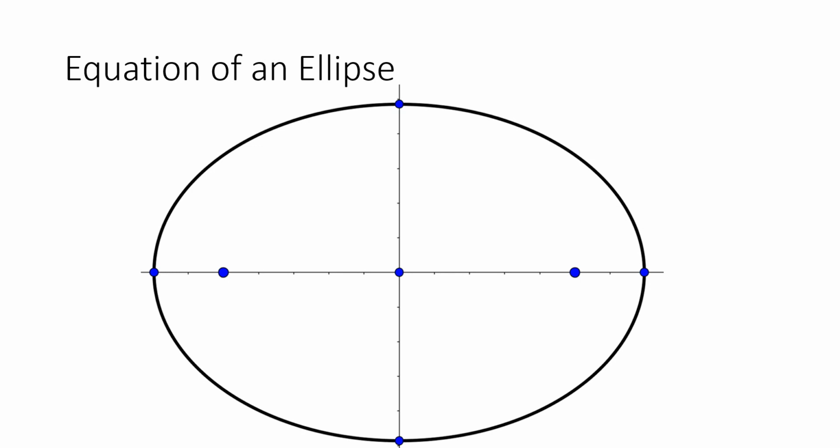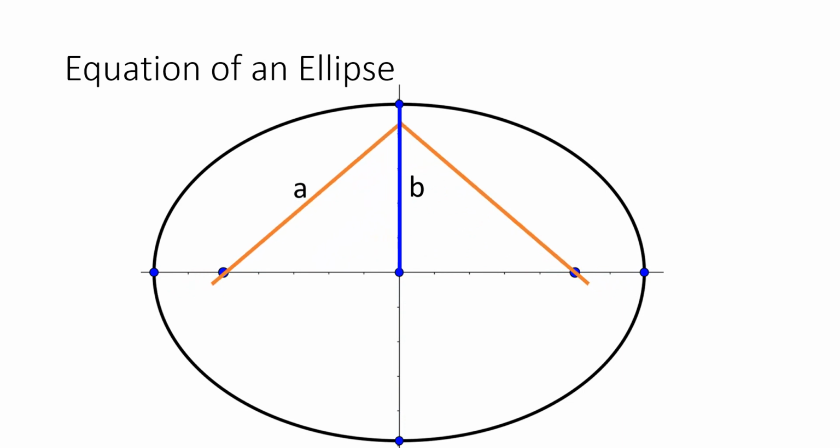Let's say this is half of the major axis, and let's label it A. Of course, the other half is still A because the length of the major axis is 2A. Then, this line is half of the minor axis, and let's label it B. Again, this other line is still B.